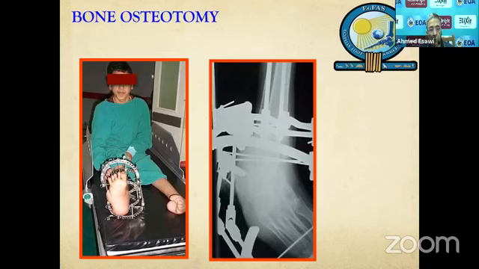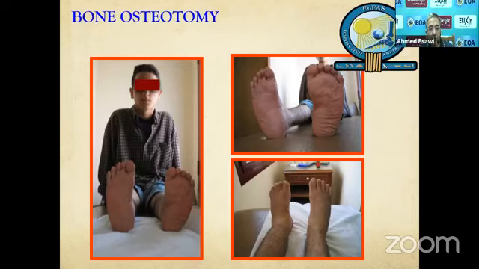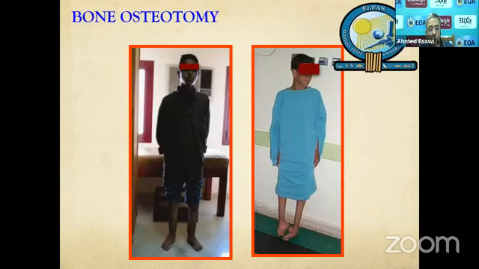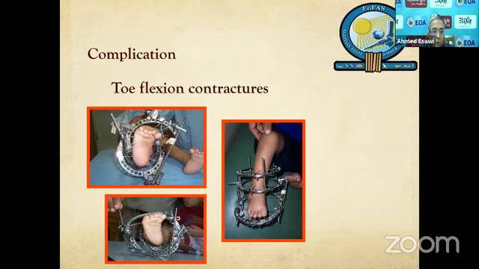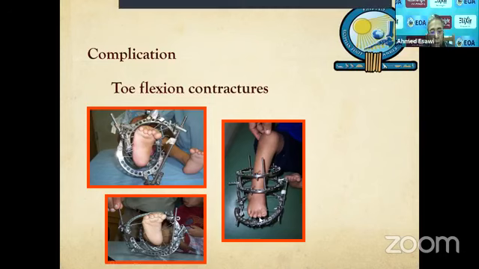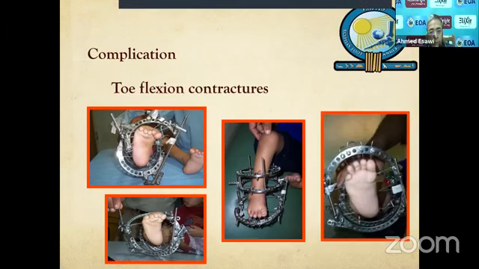This is an example of a patient before and after correction with V-osteotomy. Of course, we have many complications like toe flexion contracture like this, so we usually put wires in the foot during the correction, and also pin site infection and osteoporosis.